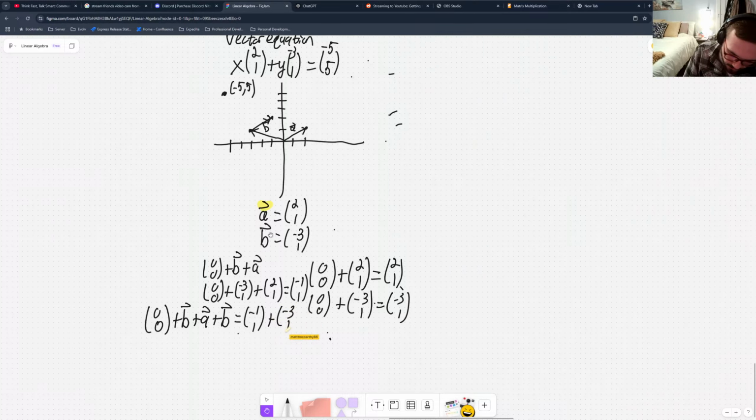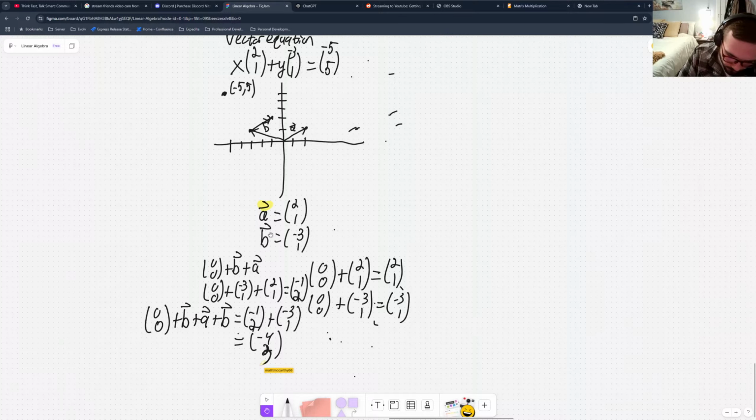That's going to bring us to negative 4, 2. So we can go up here and add another b. So we're going 1, 2, 3, 4. Did I make a mistake here? Yeah, I made a mistake here. So this is negative 1, 2. So we're going from negative 1, 2, adding negative 3, 1. We're going to negative 4, 3.